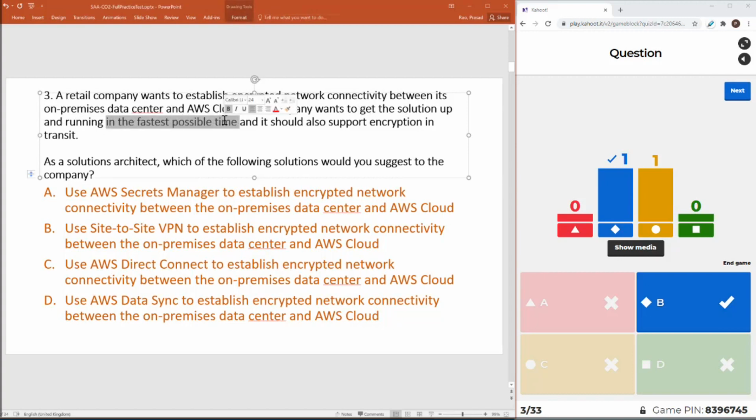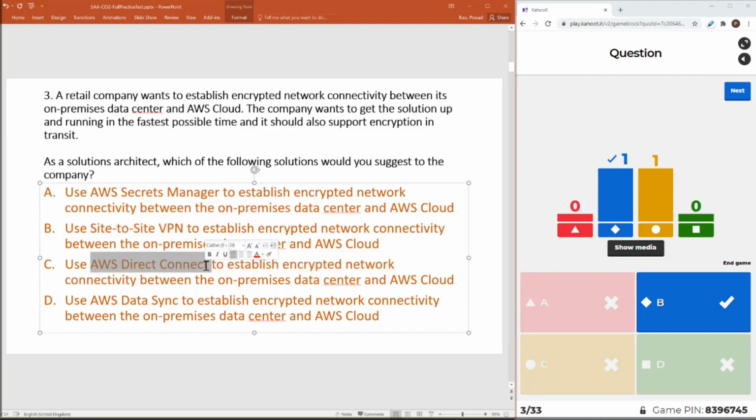Because connectivity is required between the on-prem data centers and the AWS cloud, the option can only be either B or C. There are only two options: site-to-site VPN, which is more software-based, and AWS Direct Connect, which is more hardware.